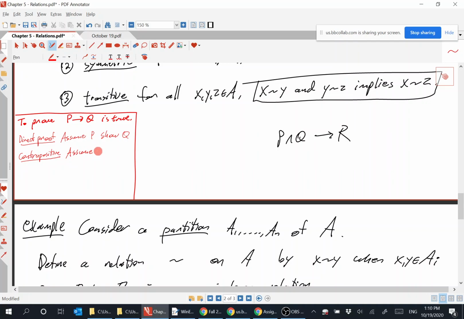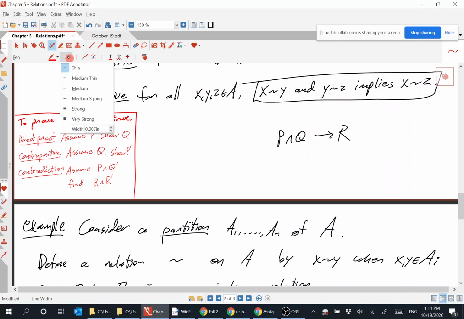Assume Q naught, show P naught, and contradiction. Assume P and Q naught, find R and R naught. Alright, so we're trying to show the implication is true.